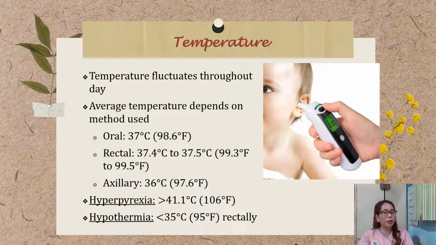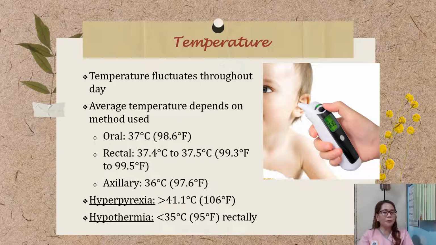So, according to Bates, the tympanic membrane temperature is the most reliable core body temperature because you can measure it without an invasive monitoring device. You can use your digital thermometer or your infrared thermometer.